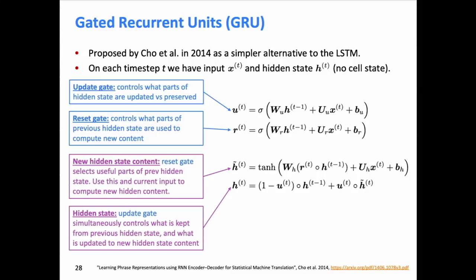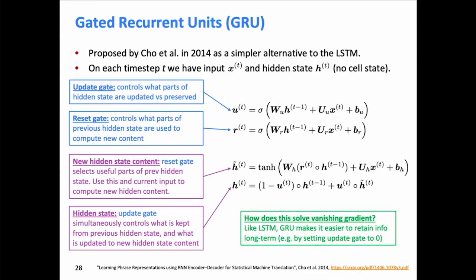OK, so that's GRUs. And I think it's a little less obvious just looking at it why GRUs help the vanishing gradients problem, because there is no explicit memory cell like there is in LSTMs. So I think the way to look at this here is GRUs, you can view this as also being a solution to the vanishing gradient problem, because like LSTMs, GRUs make it easier to retain information long term.